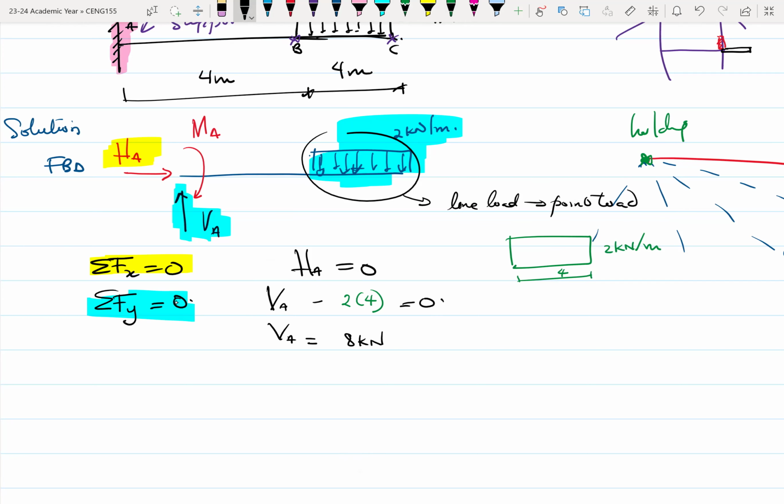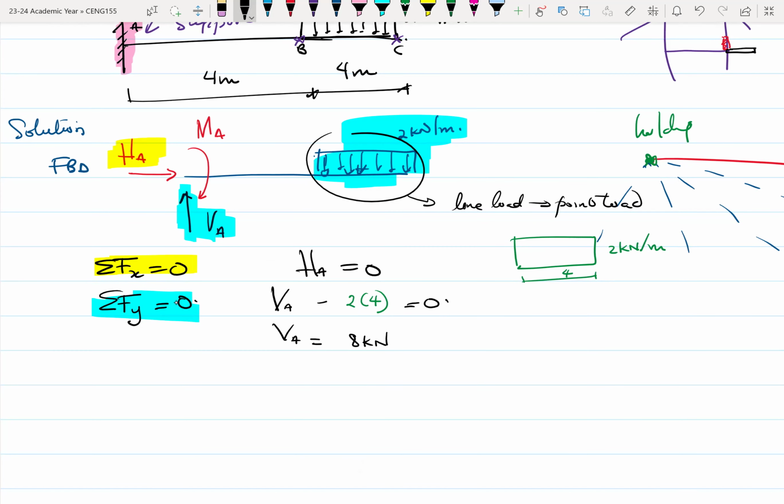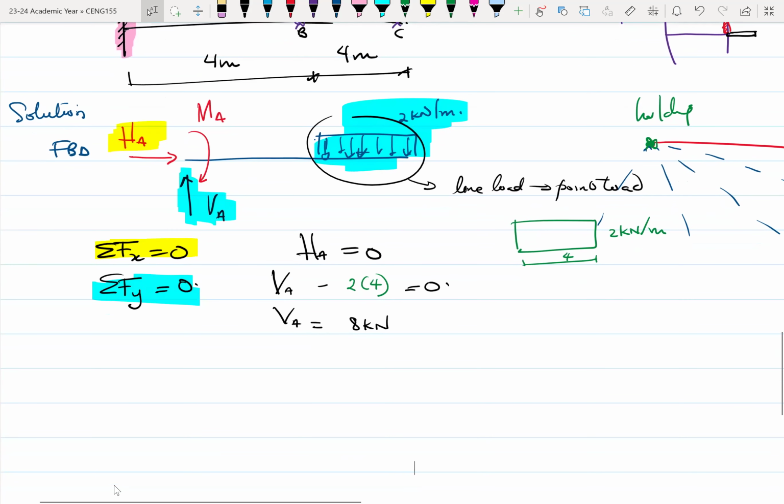So found VA. So now we know VA, but we don't know MA. So we need to find MA. This is one of the unknowns as well, right? MA is what we call a point moment. So the same way we have point loads, we can have a point moment or a couple. When you apply some rotation to a material, pretty much you're applying a couple, which is in its own way a point moment.